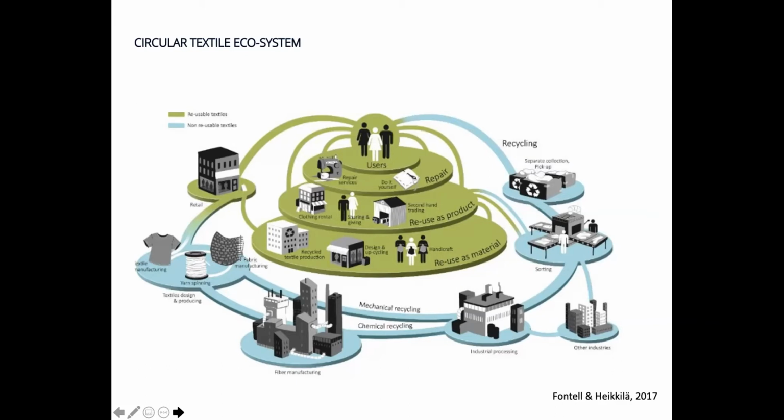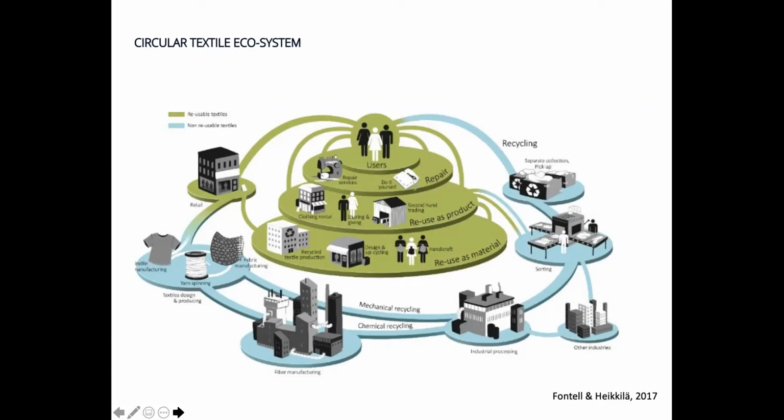The green parts are the activities connected to prolonging the life of clothes, the reuse activities, and the blue ones are the activities and operations connected to materials that are not reusable anymore and should go through the recycling treatments.